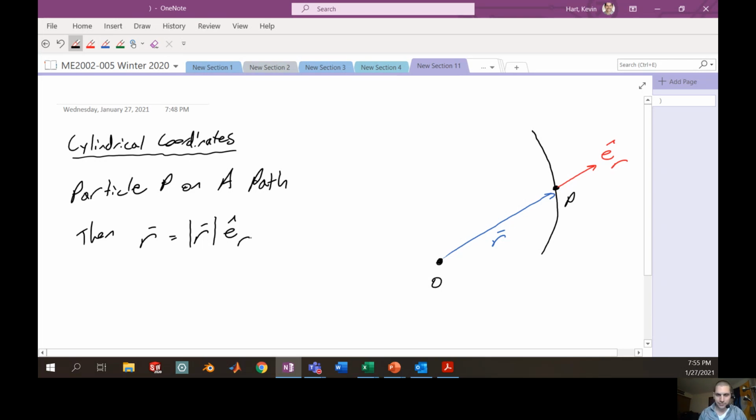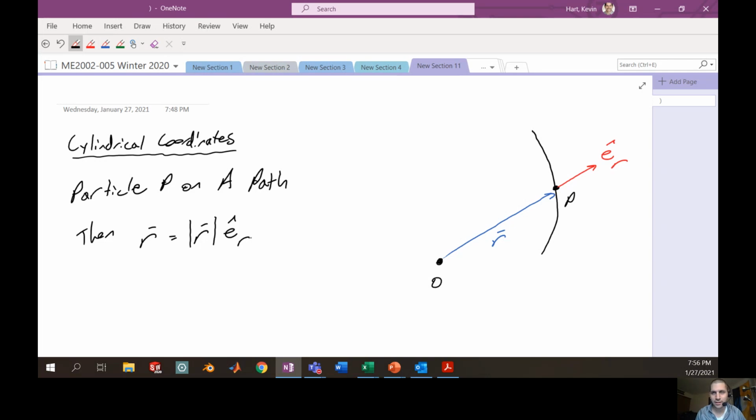This is the foundation for our polar or cylindrical coordinates. We have some fixed point that exists out in space, O. We have a unit vector that travels along the line from O to P, and that unit vector is e hat r. We know from 2D coordinates that we need two basis vectors to fully define a coordinate system.